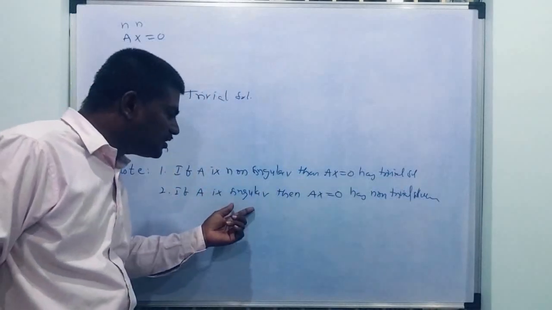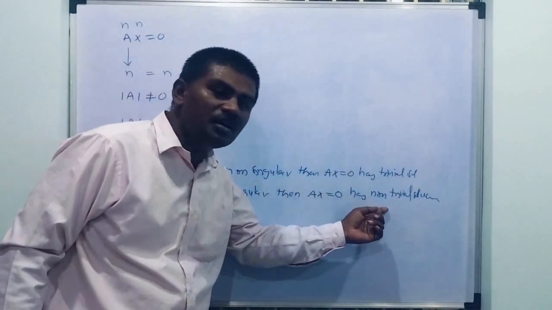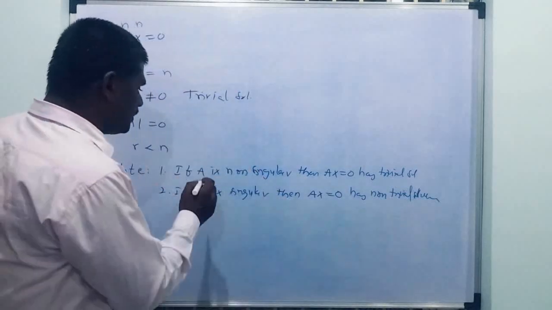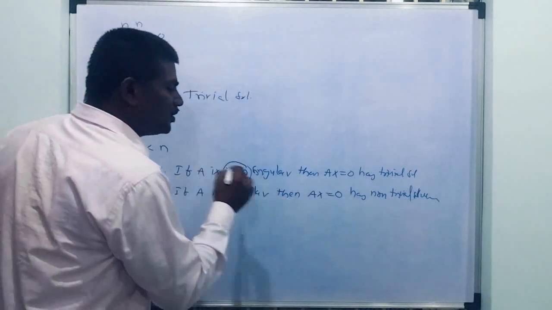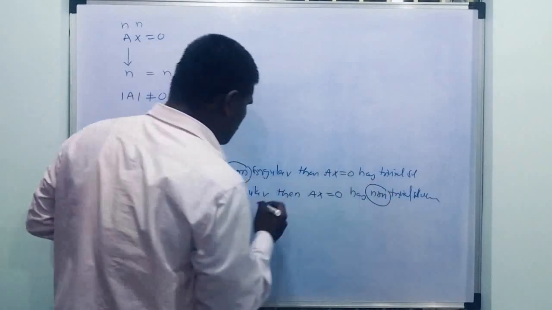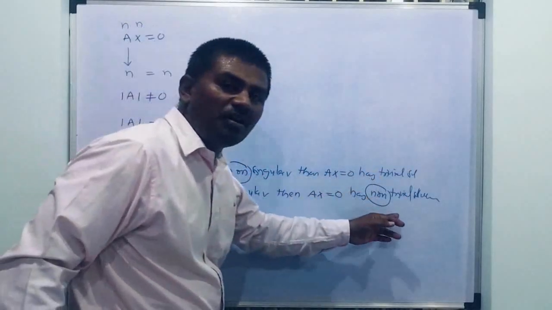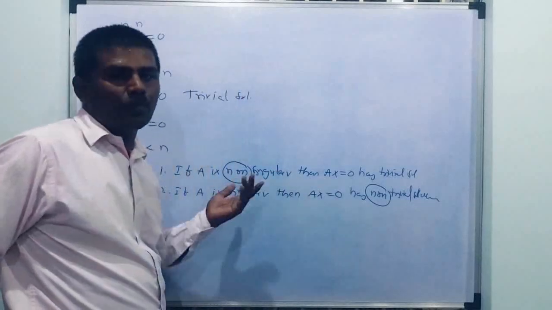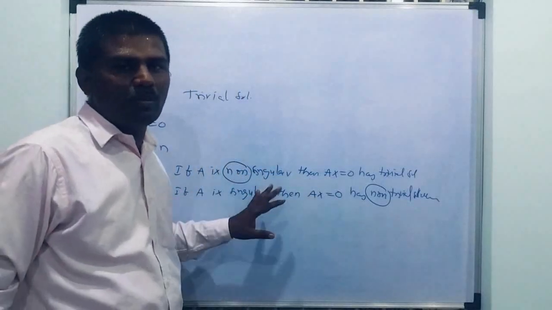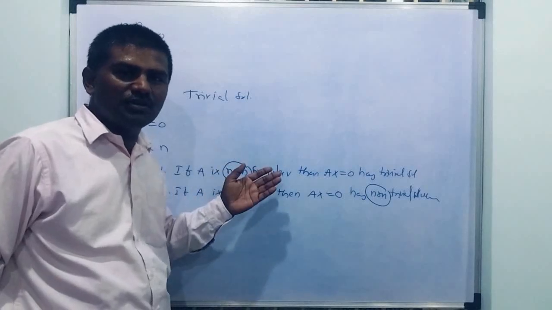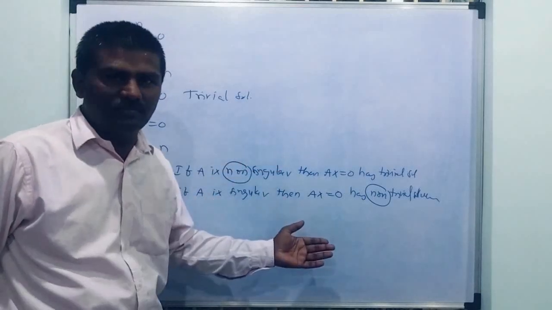If A is singular, then Ax equal to 0 has a non-trivial solution. Here you can easily notice: non-singular, trivial solution; singular, non-trivial solution; opposite. You can easily remember when the system has a trivial solution and when it has a non-trivial solution.